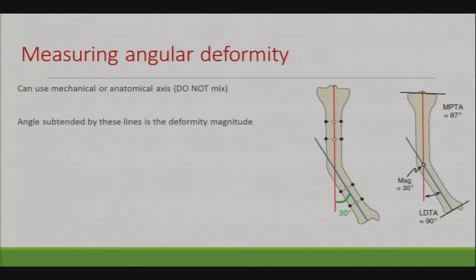Generally speaking, you don't want to mix mechanical and anatomic axes whenever you're measuring a deformity. And so in this example, it's a diaphyseal deformity. We use the anatomic axis, and you can see the magnitude of this deformity is the angle made by those two lines. It can also be done using the mechanical axis, and the magnitude should be the same.